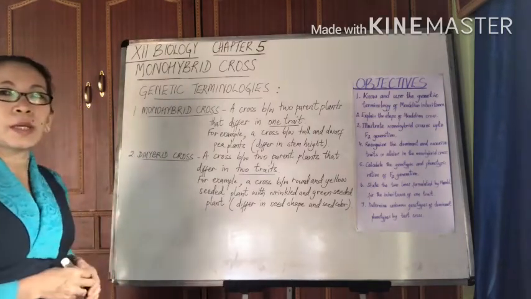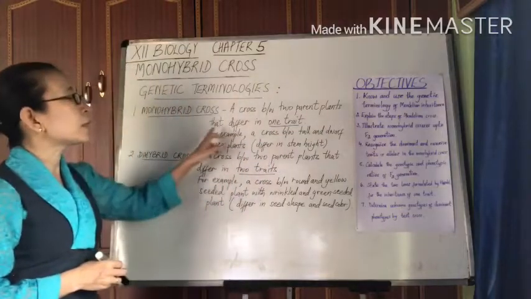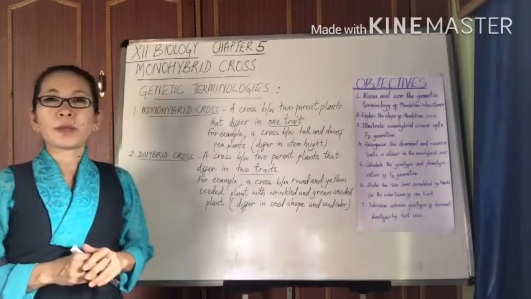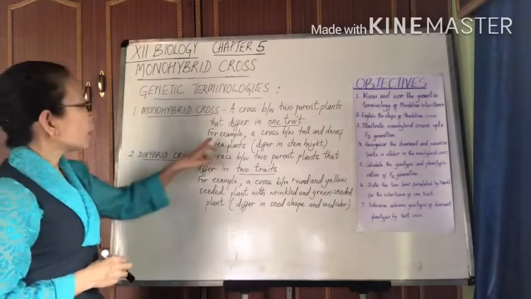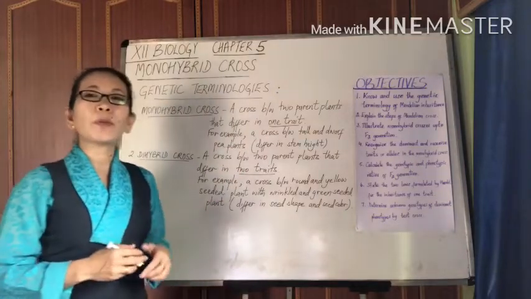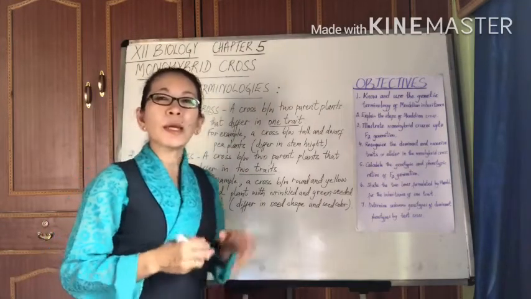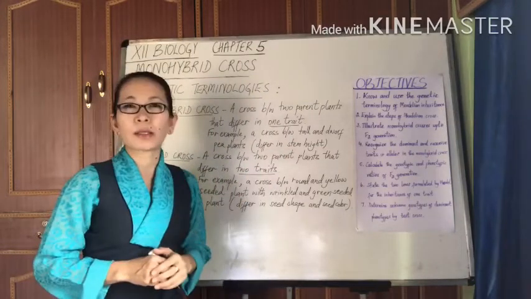Now this, as we learned earlier, refers to a cross between two parent plants that differ in one trait. To give you an example, a cross between tall and dwarf pea plant is an example for monohybrid cross, because in this cross, the two parent plants differ in stem height.